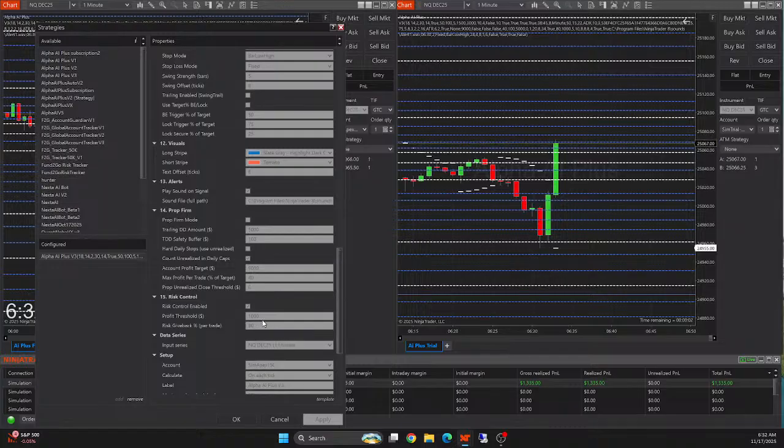So if this one is $1,000, and in this scenario it is 80%. So if I am up $1,000, I'm not gonna give up more than 80%, which is $800. So if the system gets any trade, $800 or less, it will take it. Anything more than that, it will not take the trade.